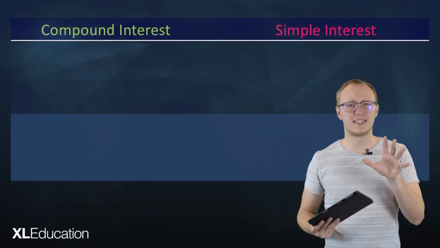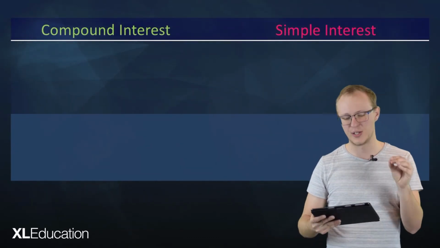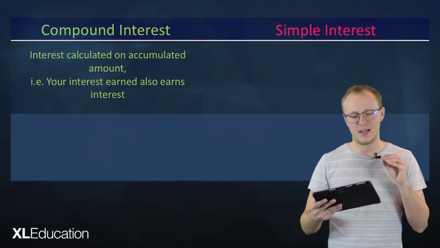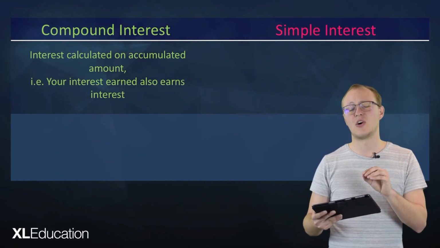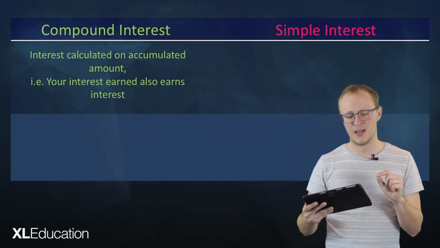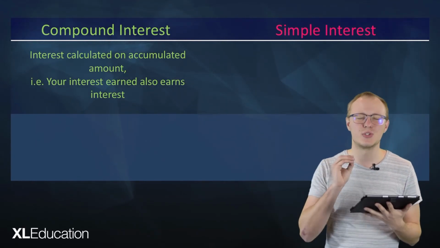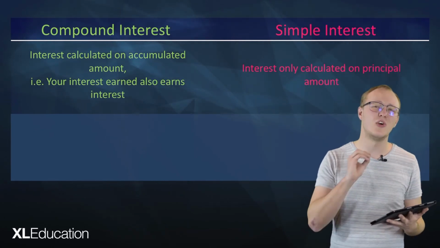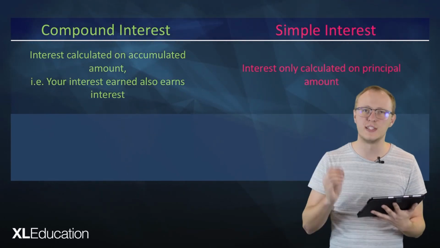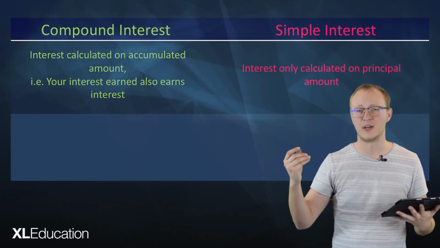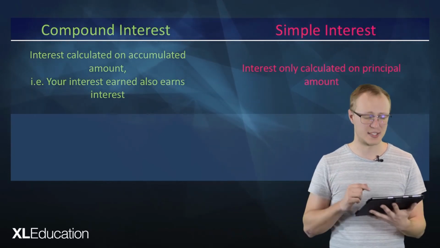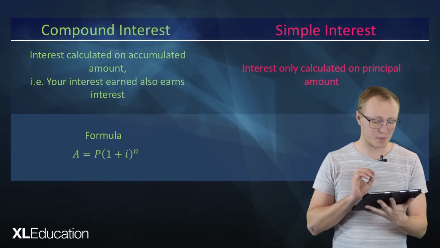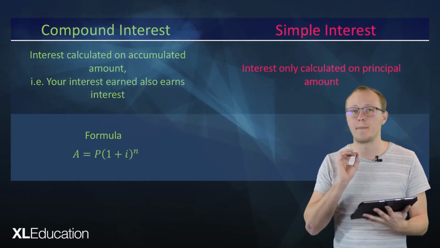Now, let's summarize the differences between compound and simple interest. In compound interest, interest is calculated on the accumulated amount. In other words, your interest also earns interest. But for simple interest, interest is only calculated on the principal amount year after year. So you always get the same interest every year. The formula for compound interest is A equals P(1 + i)^n.